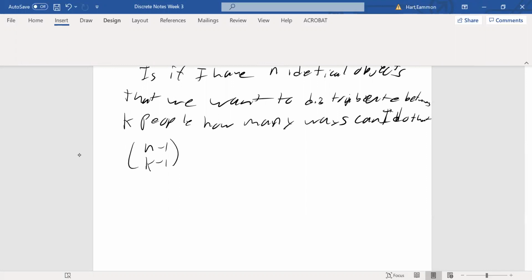And the reason that we get this is because we can line up our objects 2, 3, 4, all the way up to n. And our first guy has to hit here. He has to have at least one. He doesn't have to stop at one, but he has to have at least one.